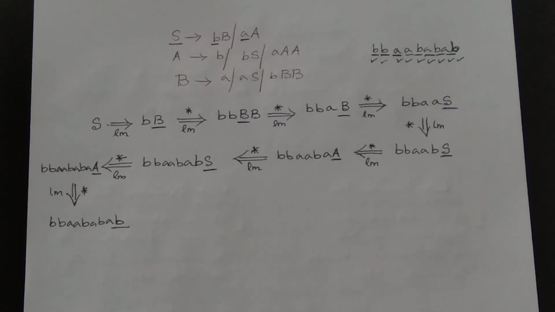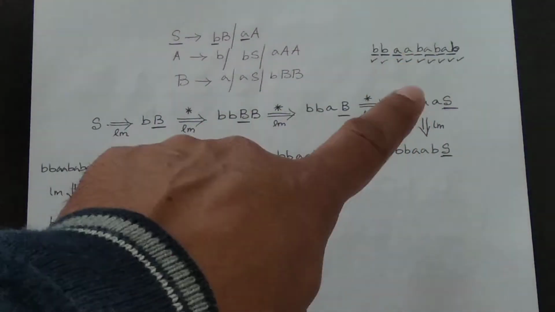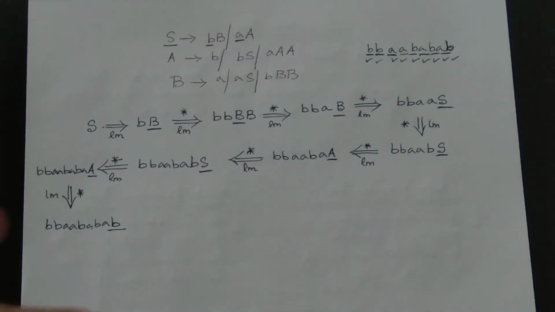Sometimes the grammar will be given to you, and they will ask whether a particular string is derived, verified, or generated, by using either leftmost or rightmost derivation.